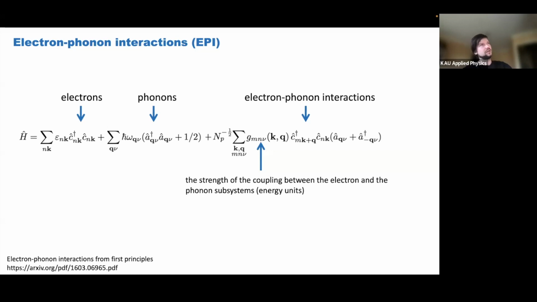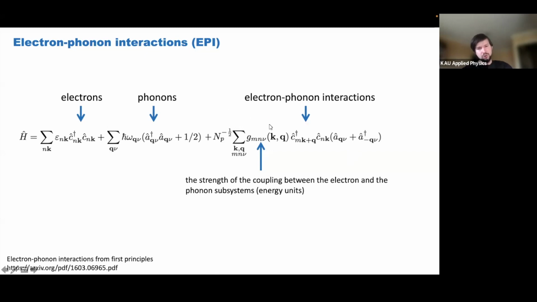It shows the coupling strengths between electrons and phonons, and it can be calculated in energy units like Rydbergs or electron volts. And here is the density of states at the Fermi level.